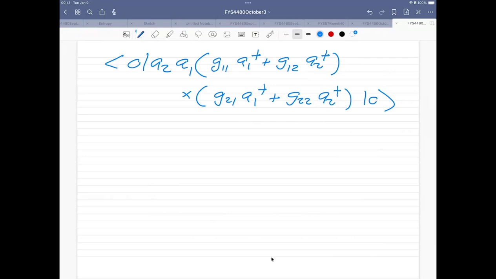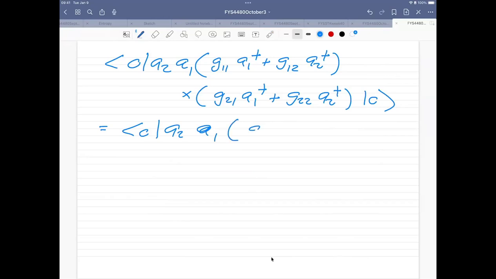Now, if you look carefully at what we have here, there are some interesting things which we can actually generalize to more than just 2 states. But you will see the final result coming out of this expression immediately. So this is going to be equal to 0, and then I have A2 and A1.